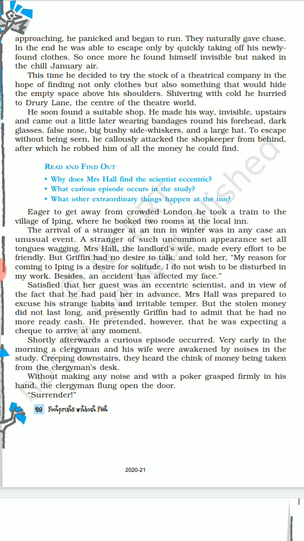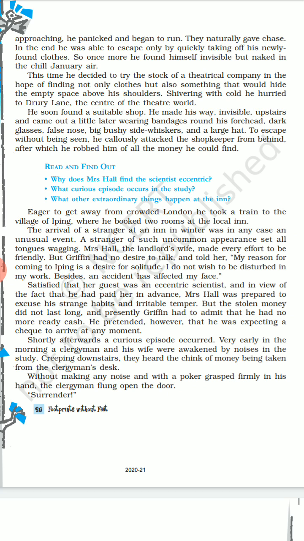So now, after escaping from there, he hurried to Land. Land is the name of the street, and that was the center of the theater world. The actors and actresses perform plays, and to perform, they use different kinds of props, like artificial mustaches and artificial hair.